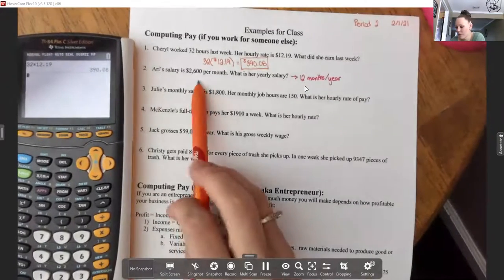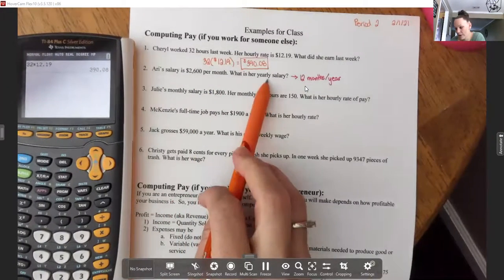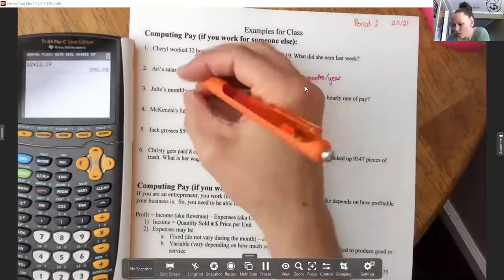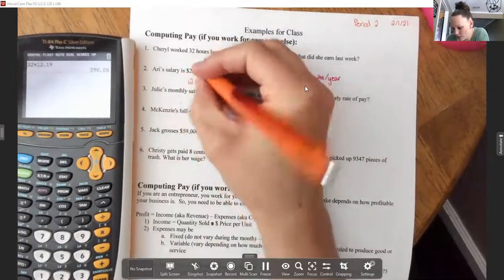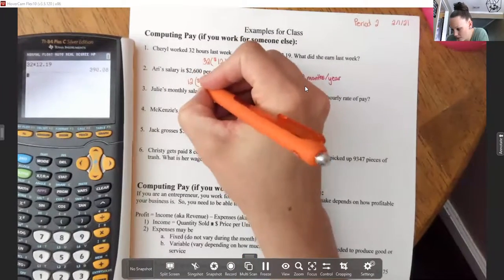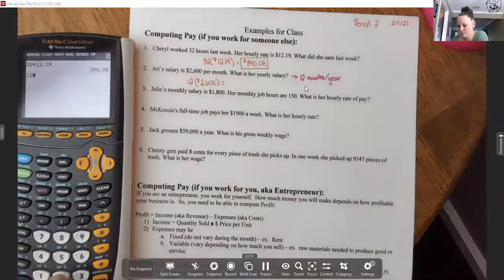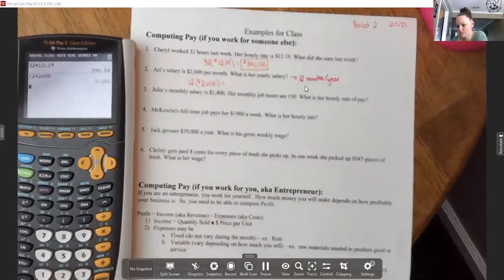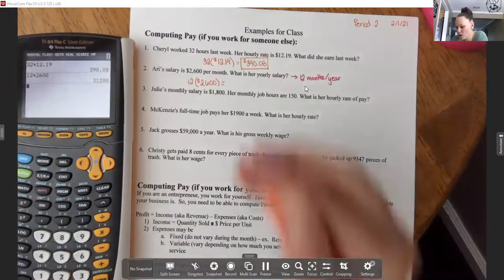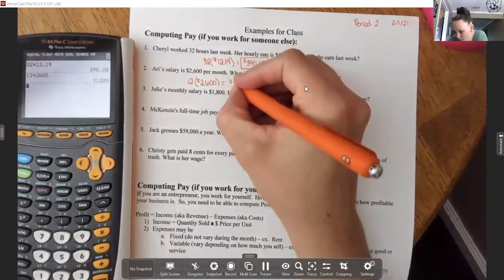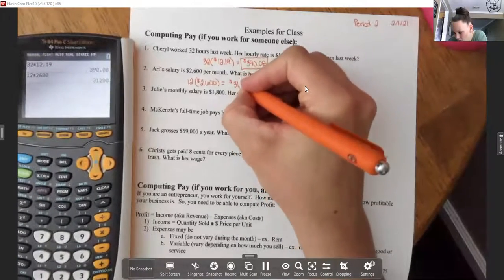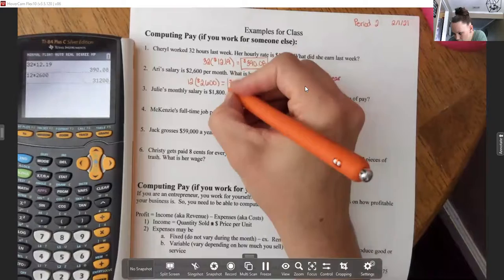So if this is what she makes per month and we want to know how much she makes in the year, we do 12 times 2,600. So Ari in 1 year makes $31,200.